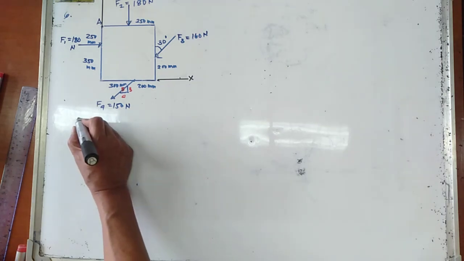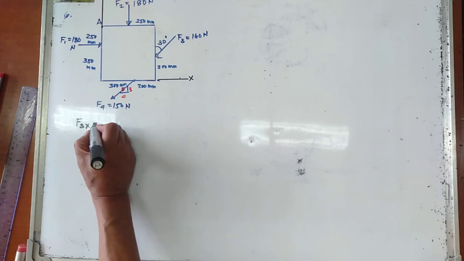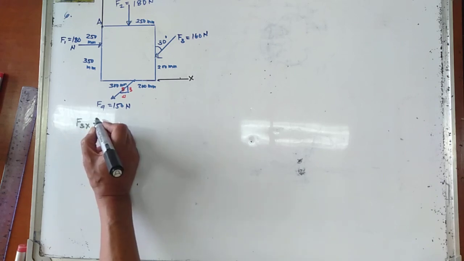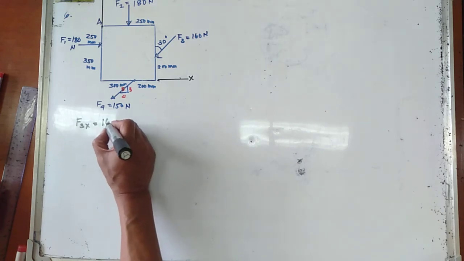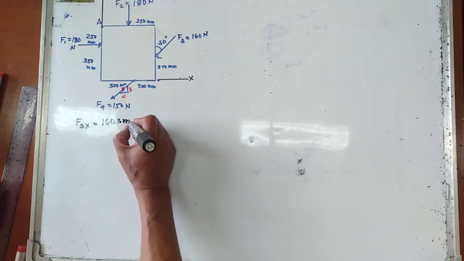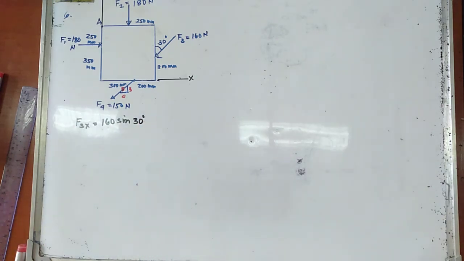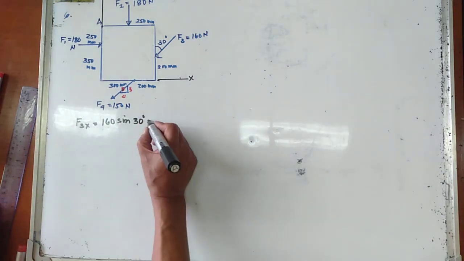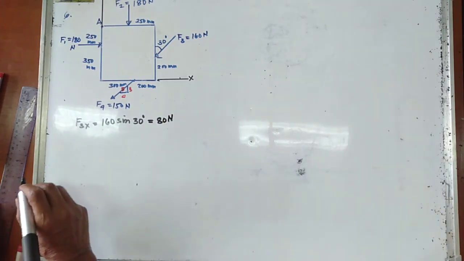So we now have your F3x is equal to 160 sine of 30 degrees, and this is equal to 80 newtons.